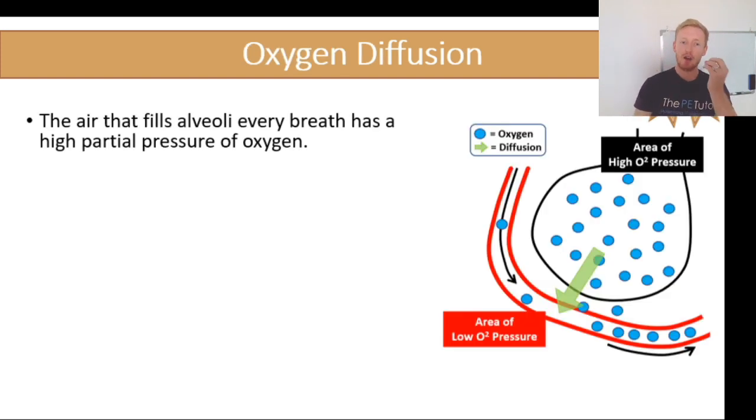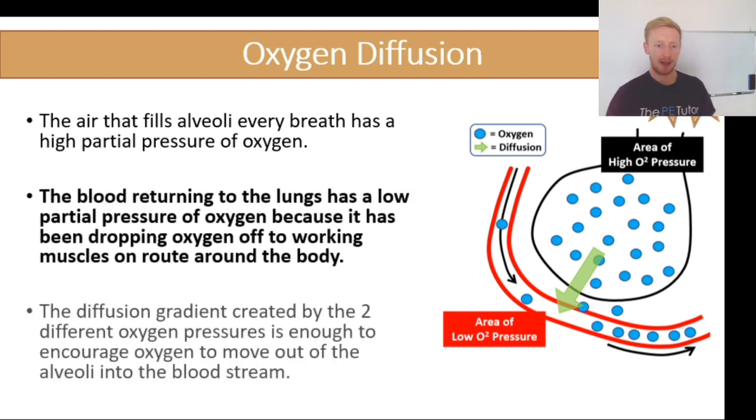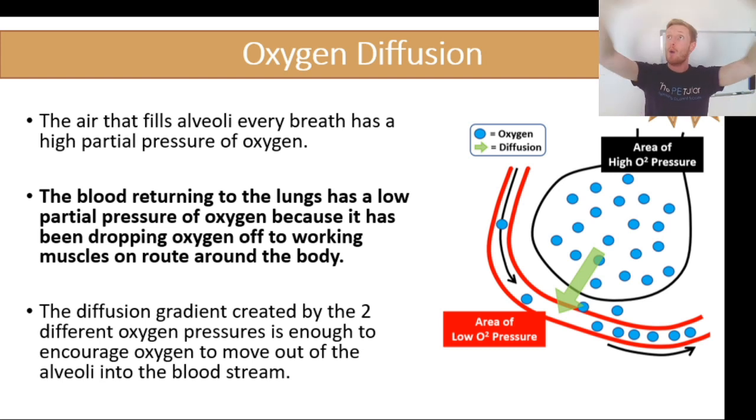So if we look at oxygen diffusion in a picture, the air that fills the alveoli every breath has a lot of oxygen in. It's got the maximum amount, however much oxygen there is in the air at the moment. That's the same concentration that we have inside of our alveoli every breath. But the blood returning to the lungs has a lower partial pressure. Why? Well, that's what we looked at a couple of slides ago. Because we were pumping oxygen into the cells with glucose to release energy.